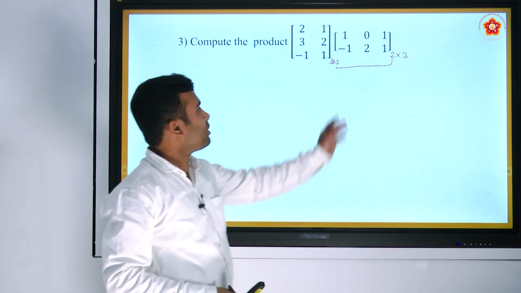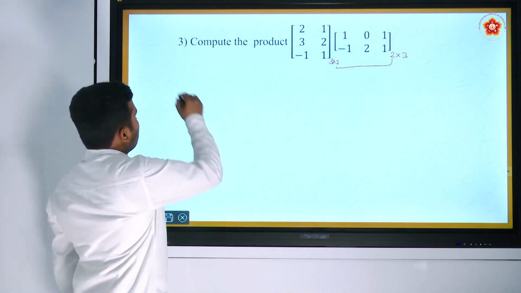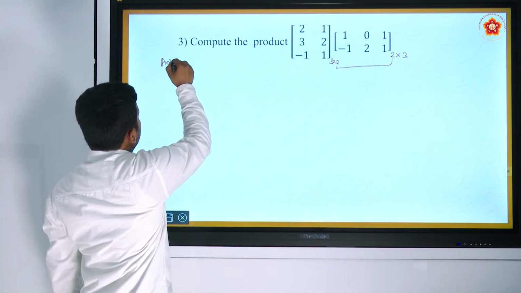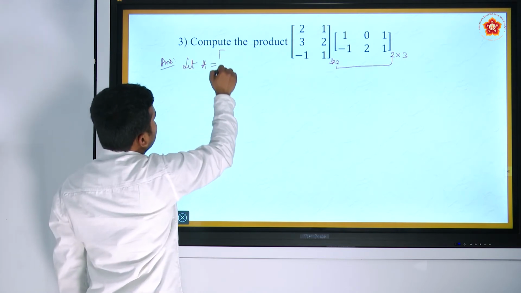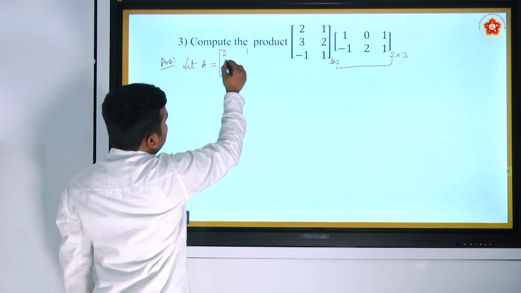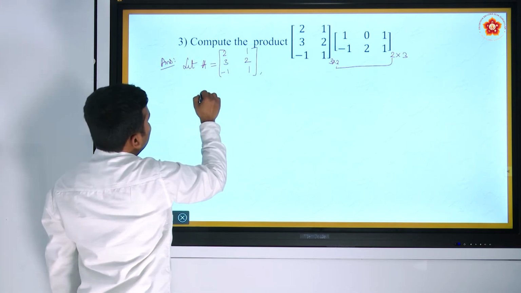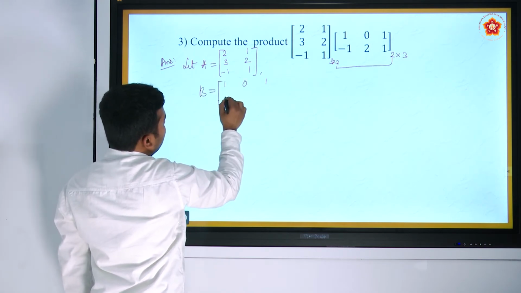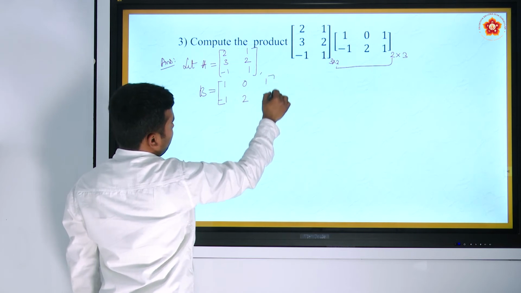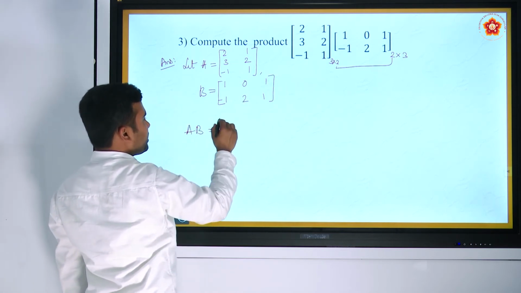So now the product matrix will be 3 by 3. Let us take matrix A as 2 1, 3 2, minus 1 1 and matrix B as 1 0 1, minus 1 2 1.